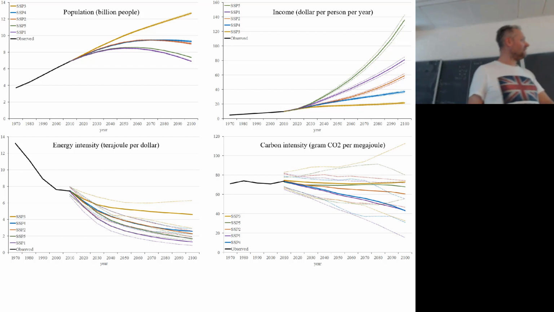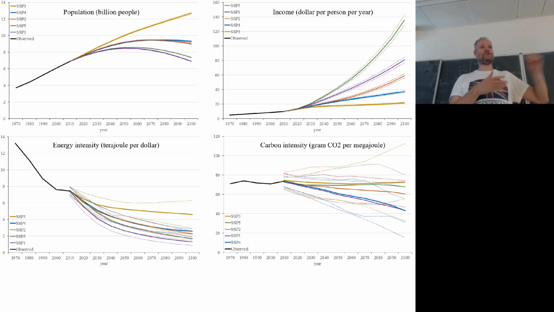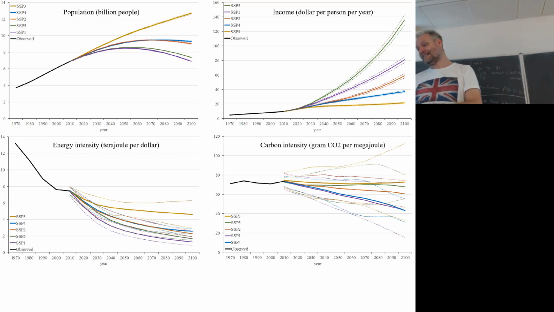Energy intensity is the next one. Again, a wide range of results. The good thing about energy intensity is that those projections are roughly in line with the first 40 years that you see, where we have seen this drop in energy intensity, and the models project that it will continue into the future. If you look at the final graph, you see a mixed picture, but most scenarios project that we will turn away from coal towards gas and then towards renewables.